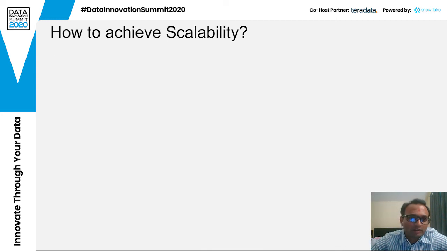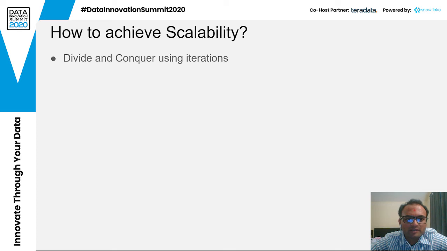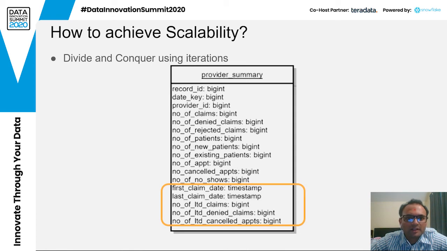Big data models can take more time to process a massive volume of data. One option is to divide processing down using iterations to speed it up. For instance, there are some life-to-date metrics which require scanning full sources to calculate life-to-date values.